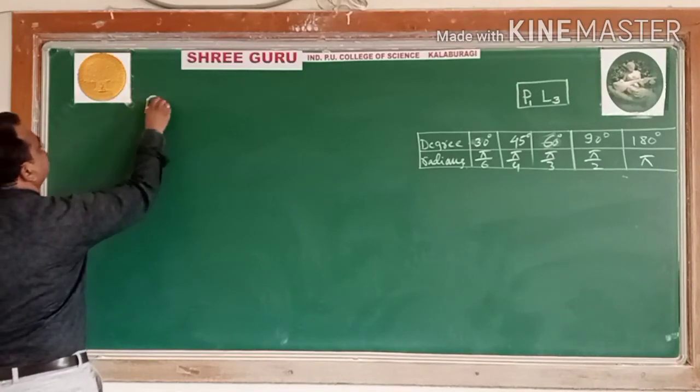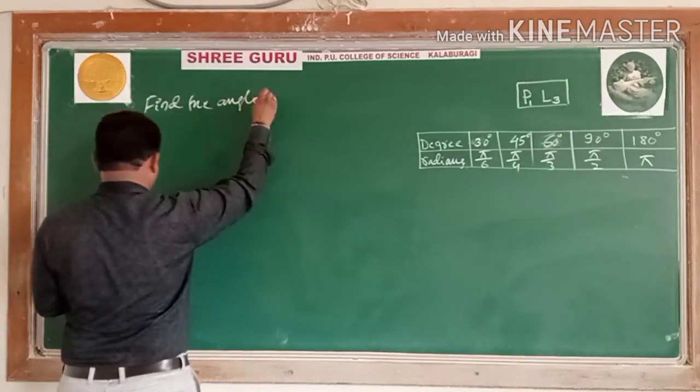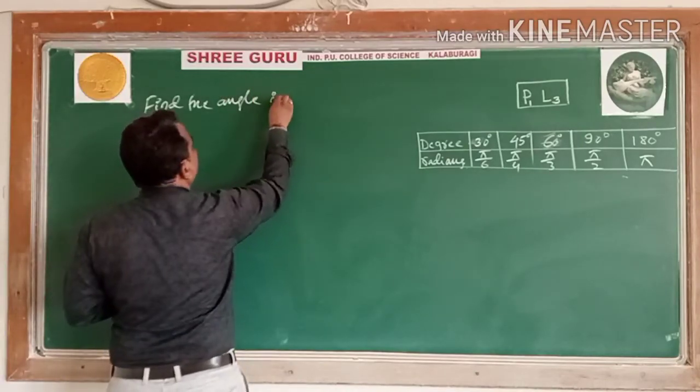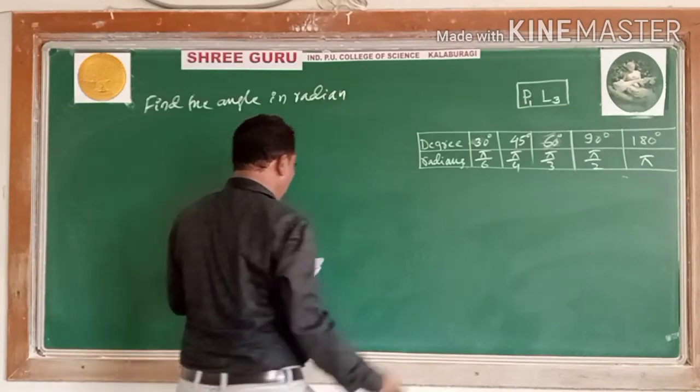Find the angle in radian. Here you have to calculate in radian. You will get radian only.